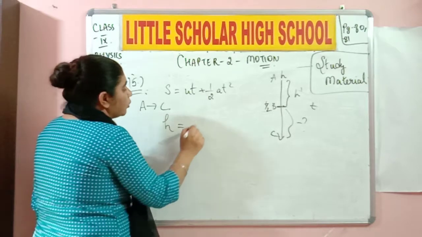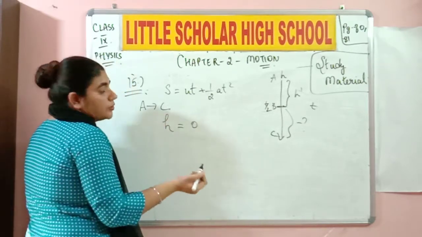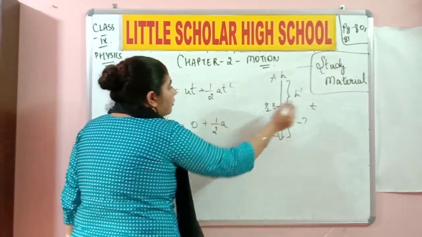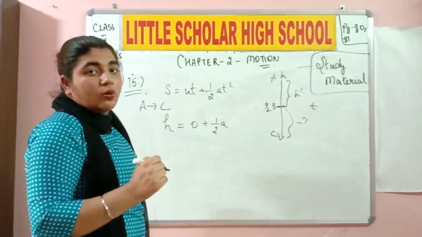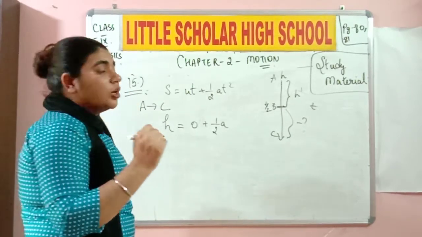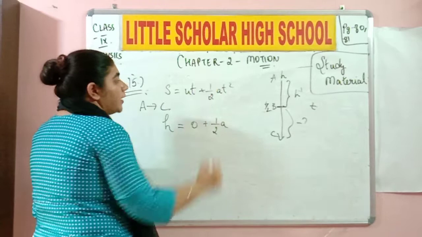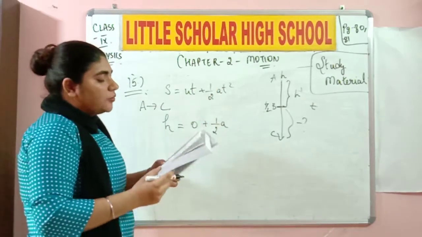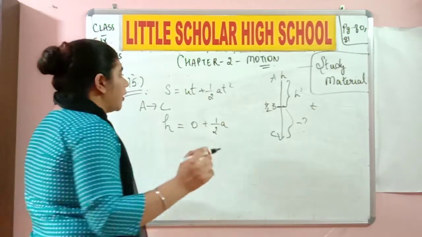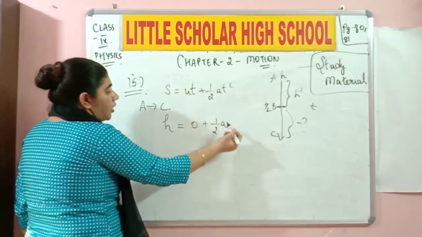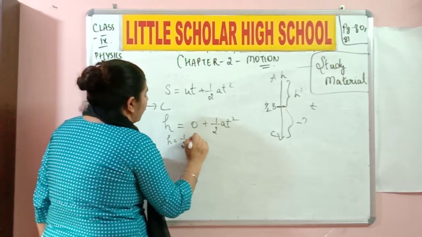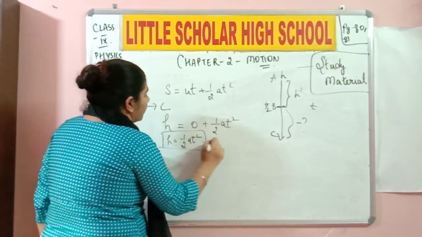Initial velocity is going to be 0, so 0 into anything is going to be 0, plus half a, and in place of t it is again t, because they have mentioned in the question that the body takes time t to fall from height h and reach the ground. The first line itself says a body released from height h takes time t to reach the ground. So in place of t in the equation, again we write t. So h is equal to half at square. This is my first equation, class.